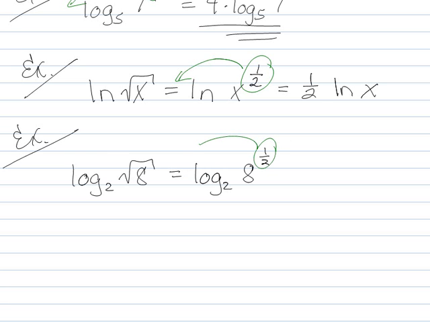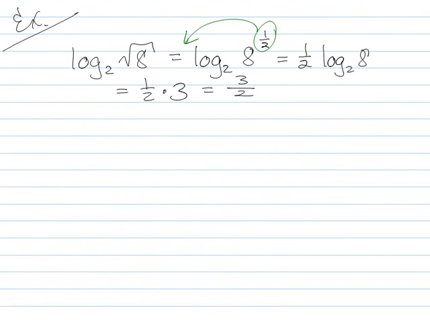Now I can take this out front and get 1/2 log base 2 of 8. Now, 2 to the what is 8? 2 to the 3 is 8. So that ends up being 3/2.